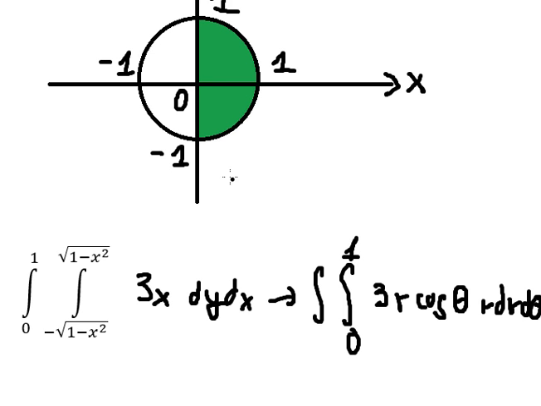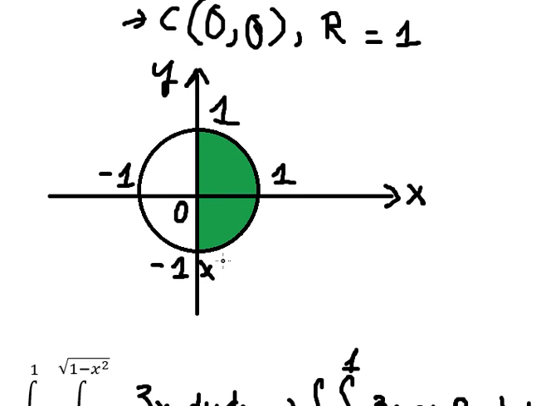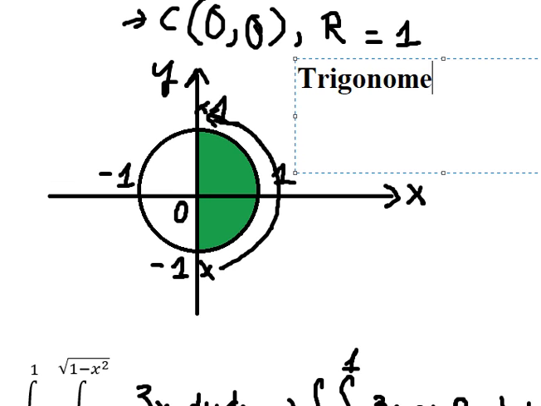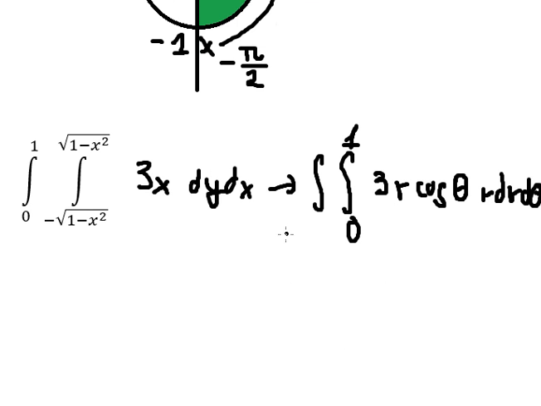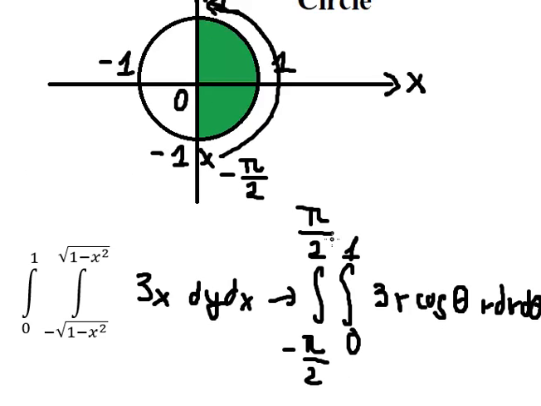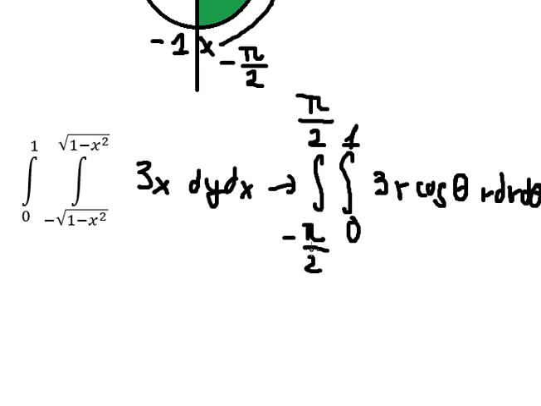About d theta, we start in here and we stop in here. So we can use the trigonometric circle. So this one we have negative pi over 2, and this one we have positive pi over 2. So we put negative pi over 2 here and positive pi over 2 here. And now we need to calculate this one.